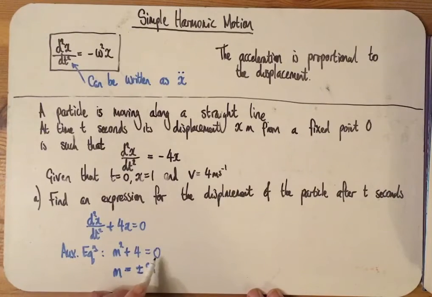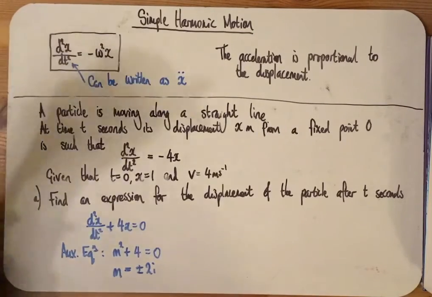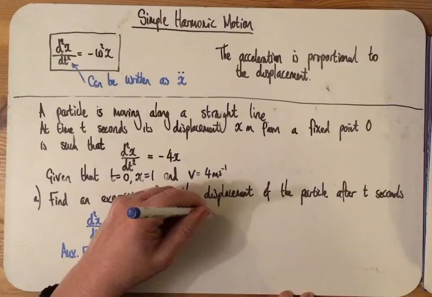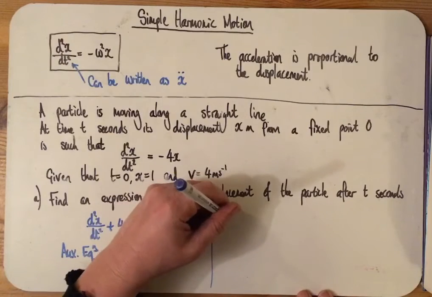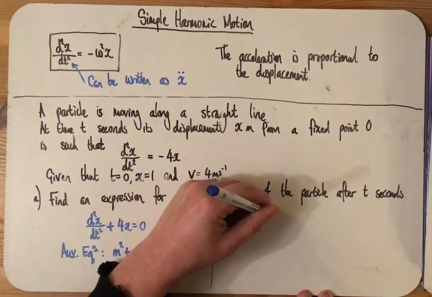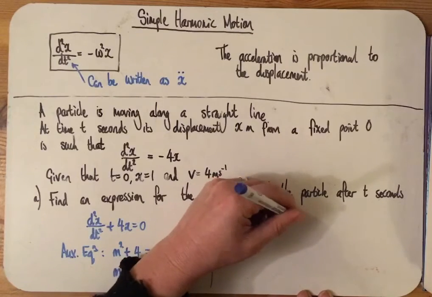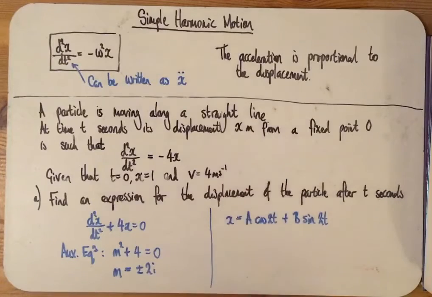I've square rooted this 4 here, so we're actually looking at plus or minus omega i there, if you wanted a general form, but I'm not going to focus on that too much, to be honest. And so we know that x is equal to a cos 2t plus b sin 2t from the work we did before.